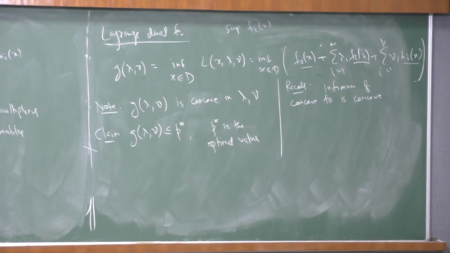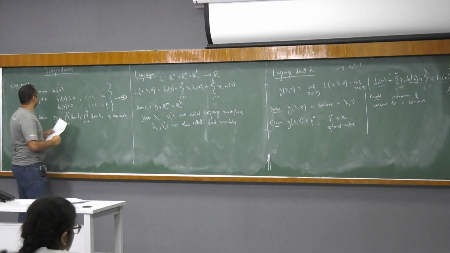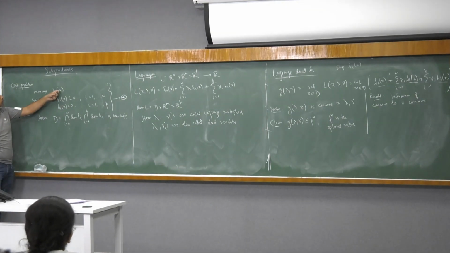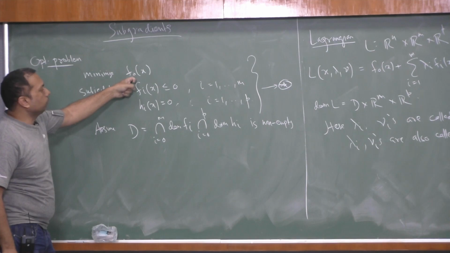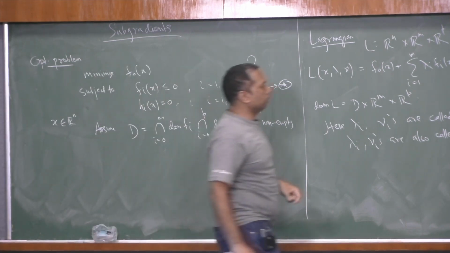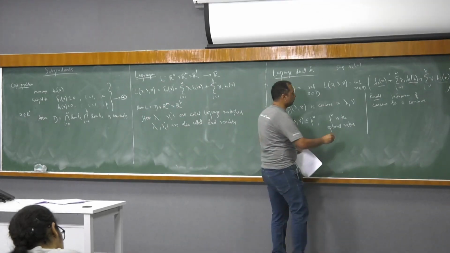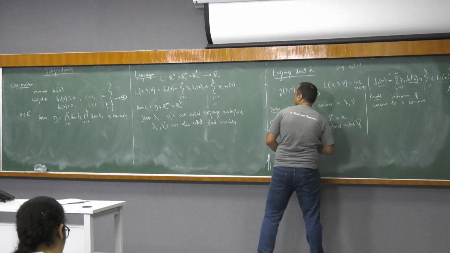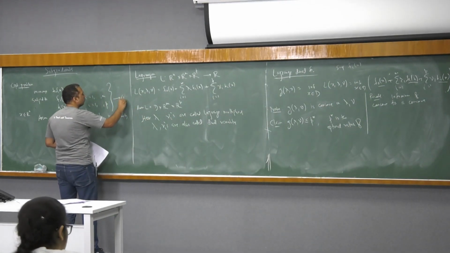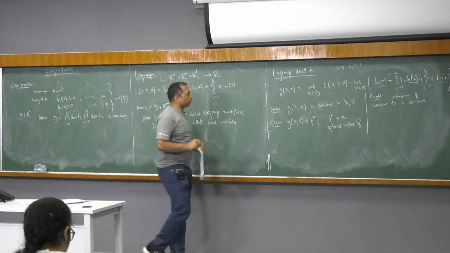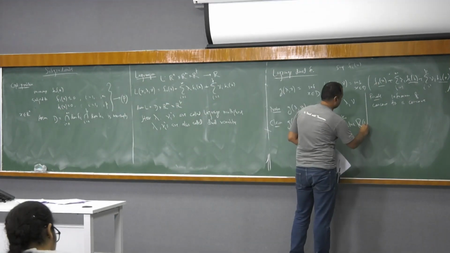This means that p star is the minimum value of f naught of x. We want to minimize, so if we find the minimum value, we denote it by p star. Let us use P here for the primal problem, so that we recall this again and again: the optimal value of P.